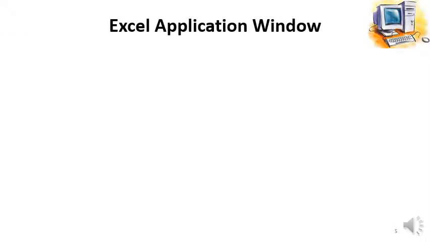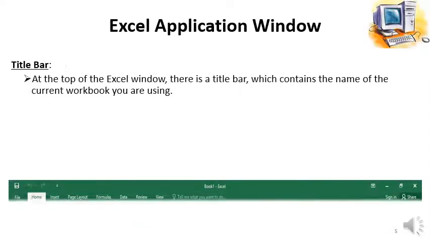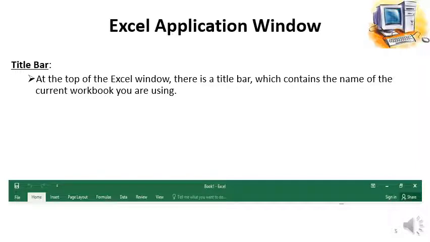Here we will discuss a few of the important or main components of the Excel application window. First of all, title bar. At the top of the Excel window, there is a title bar which contains the name of the current workbook you are using.